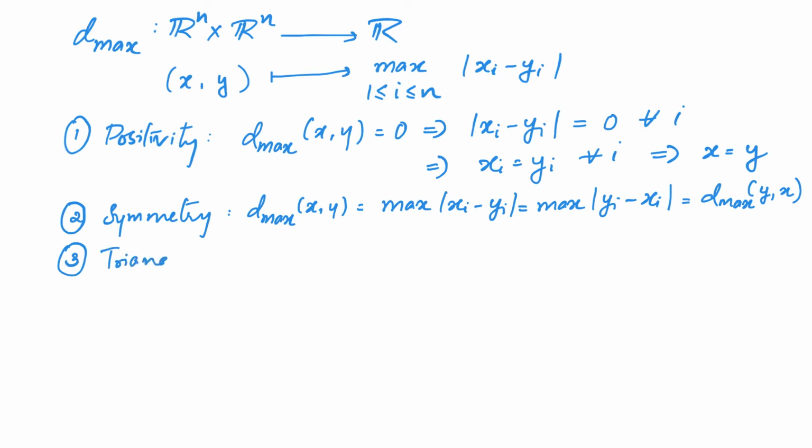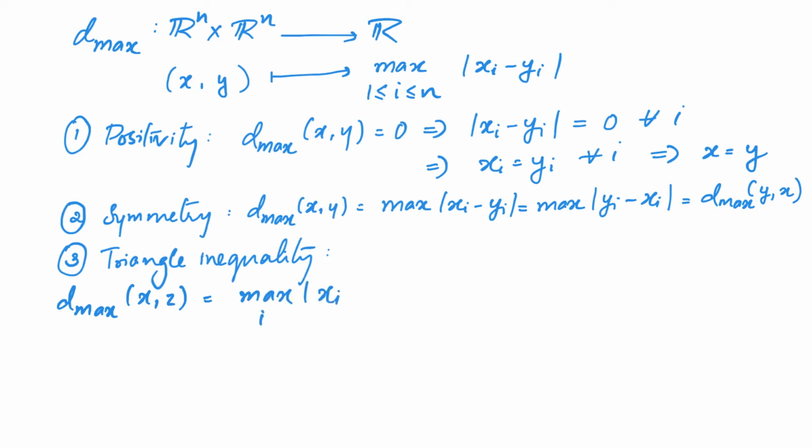So now we need only show the triangle inequality. It's slightly less straightforward than the other two, but still not so difficult. Notice that the distance between x and z is equal to the maximum of |xi − zi|.